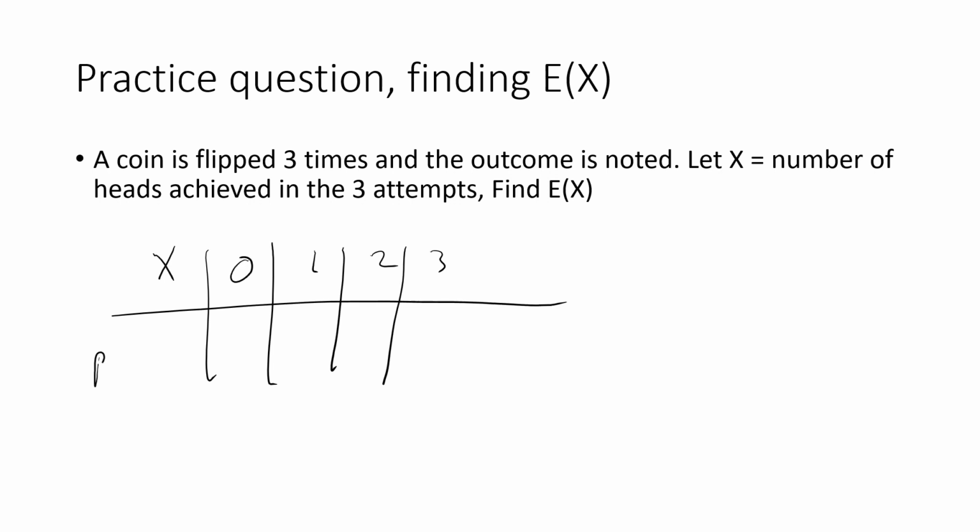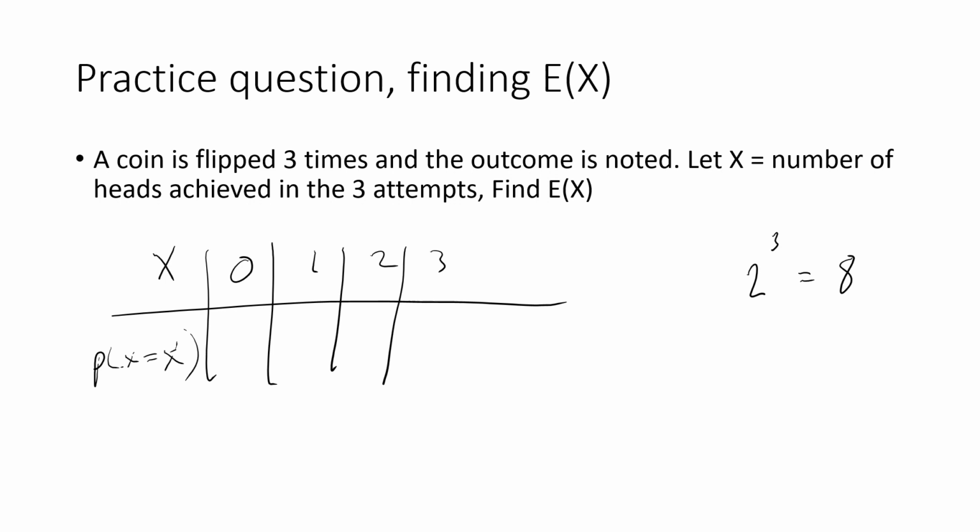And now we need to find the probability of these outcomes. So first, let's see how many different combinations of heads and tails we have. Each coin flip has 2 possible outcomes, and since we're doing it 3 times, we do 2 to the power of 3, which gives us 8. So there are 8 possible combinations of heads and tails that we can get.